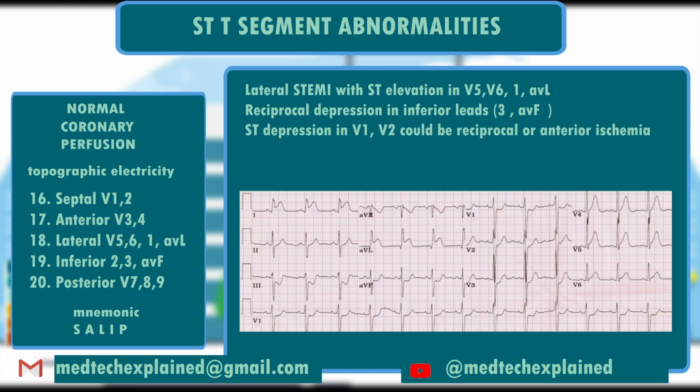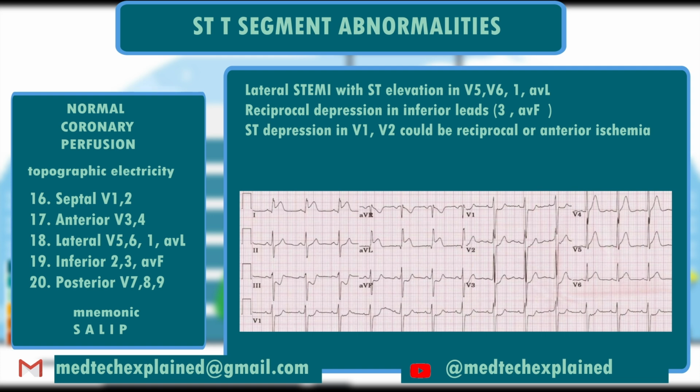It is true that the ST depression in anterior, lateral, or inferior leads can be a sign of anterior, lateral, or inferior ischemia, but it can also be a reciprocal mirror of a more serious condition in the opposite area of the heart, like a posterior ST elevation myocardial infarction. So the ST depression in some leads can mean a reciprocal ST elevation in the opposing leads on the chest.